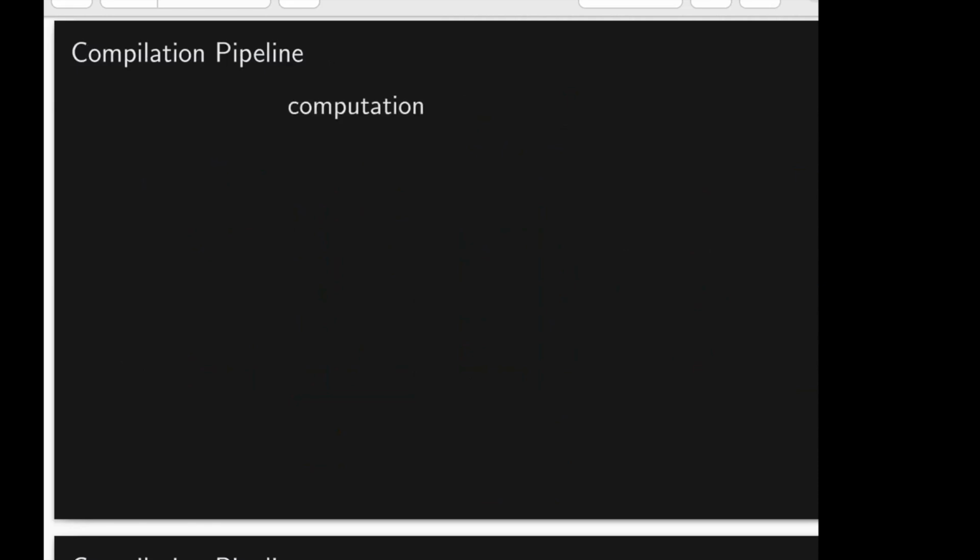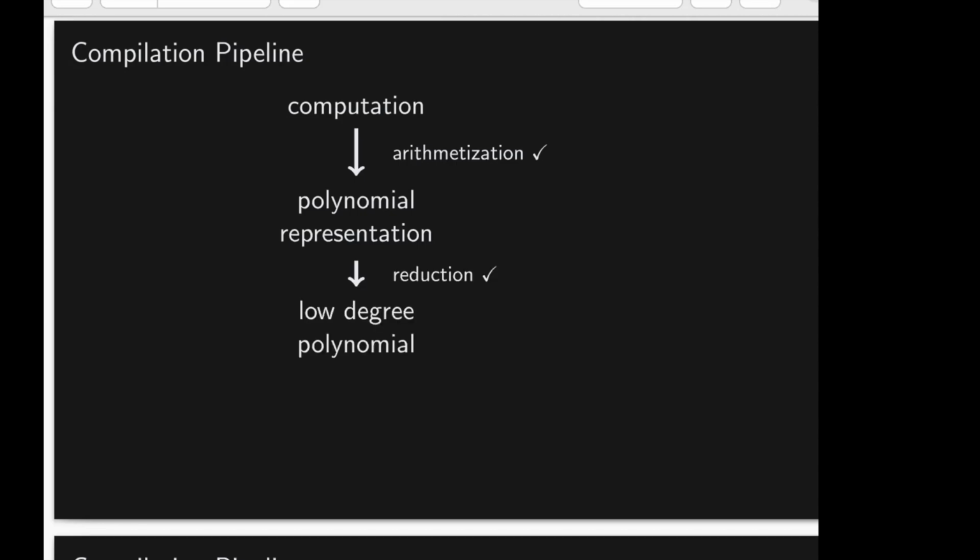We started from a computation defined in terms of an abstract Turing machine, and we've arithmetized this, giving us a polynomial representation, and we've enforced the constraints, giving multiple polynomials, and then even reduced it to a single polynomial. And at this point already, a question that stands out is how do we even represent these polynomials?